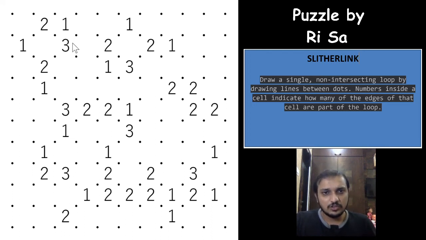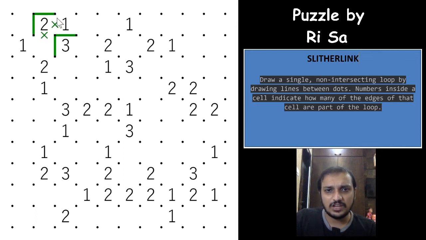So if you see this pattern now, this 2 1 3, it's a really excellent pattern in this puzzle. We know that 3 needs to have at least 3 edges as part of the loop, right? Can the 3 have these 2 cells? Can this 3 have these 2 as loop segments?